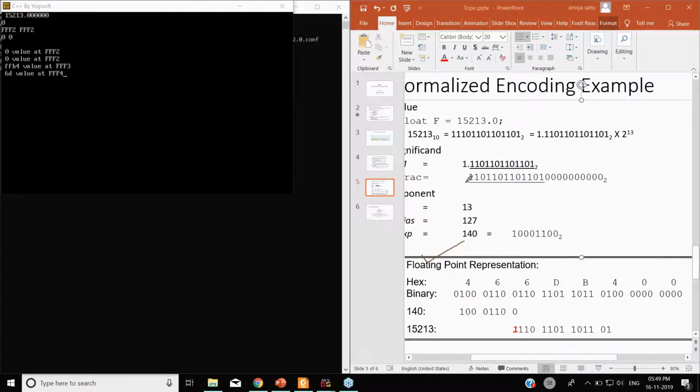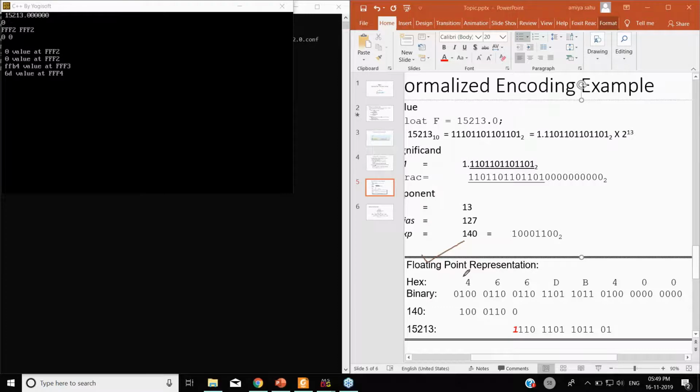So how do you store the value? We have a positive number. If this is the bit pattern of the floating point number, these values are 4B D6 64, the hexadecimal representation of the bit pattern.